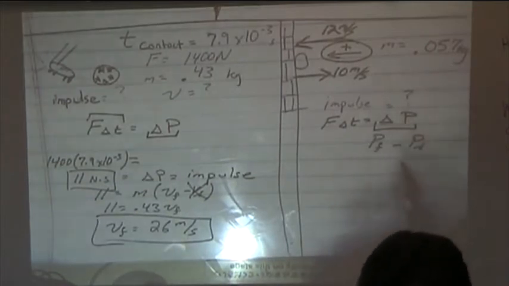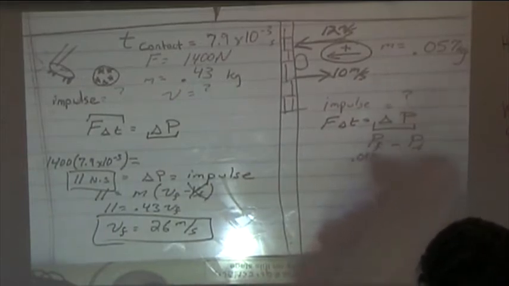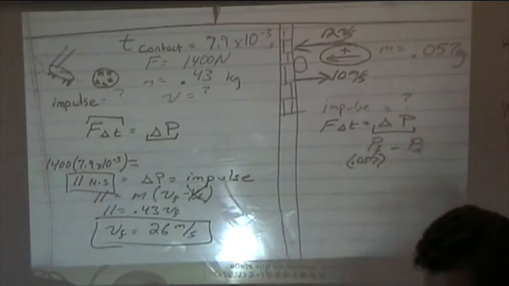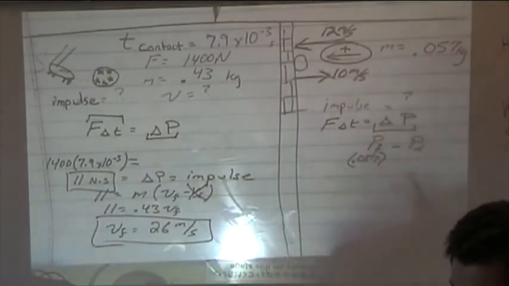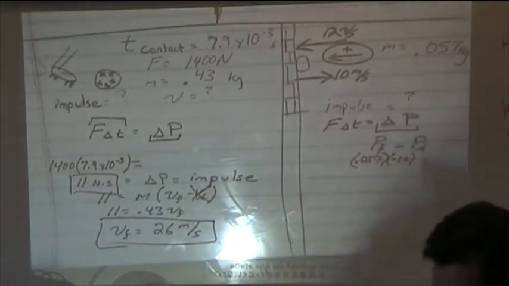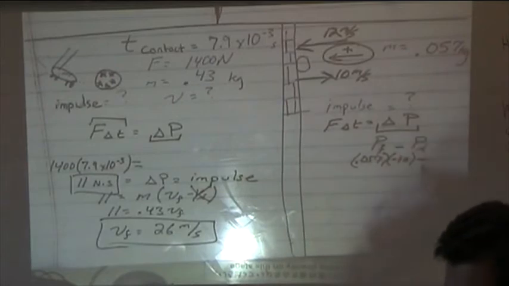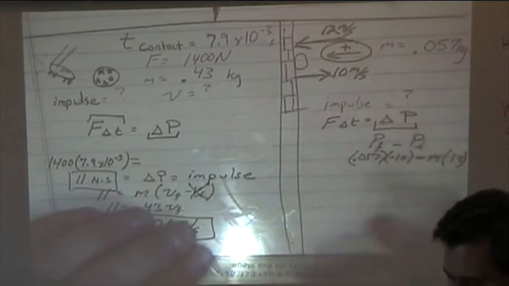The final momentum is 0.057 times, now since we said incoming was positive, this 10 is actually a negative 10. This minus sign comes from the delta, and then I'm just going to put m because I'm running out of room on the paper here, m times positive 12. We'll see the mass factor out of here again.